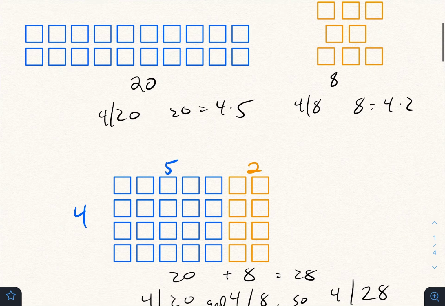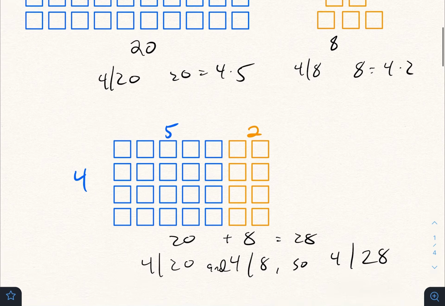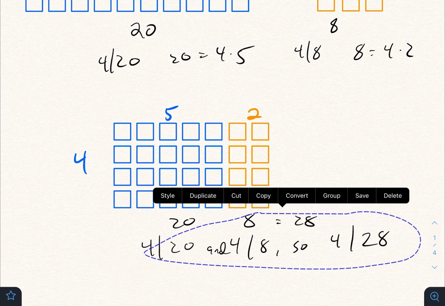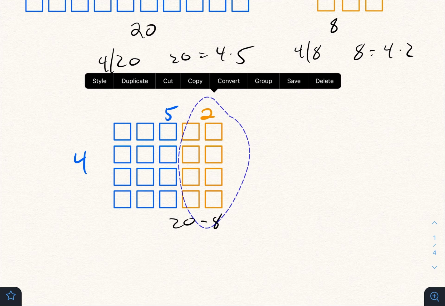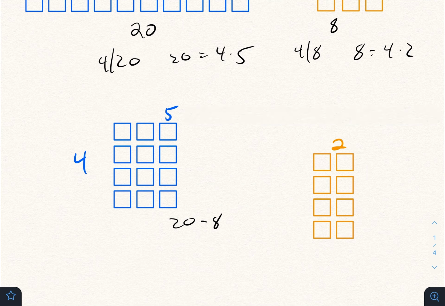Visually, if I wanted to do 20 minus 8, instead of adding the 8 boxes, I could have taken away these 8 boxes. So take away these 8 boxes, and how many are we left with? We are left with still 4 rows of some number of boxes. So this is now going to be like 5 minus 2, which is 3.